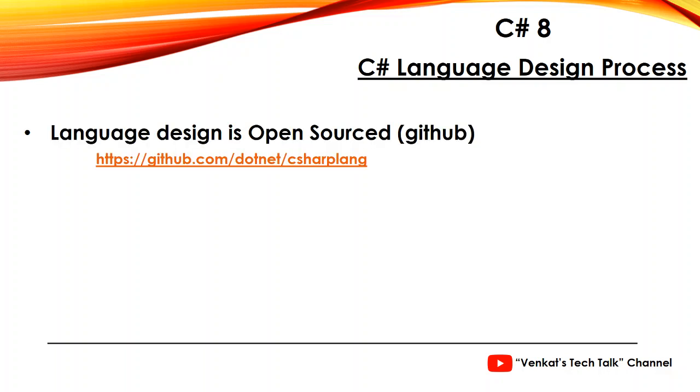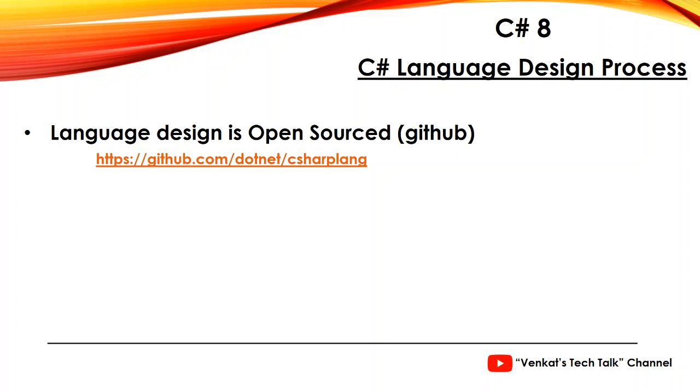So basically, this entire language design is open sourced, meaning you can see it on GitHub. A community who are interested in the language, who have good ideas about what they expect in a language, and want some new features, everything goes into the design process, which is completely open on GitHub. If you have any interesting idea that you want in the C Sharp language, you can actively contribute and present your ideas in the GitHub forum.